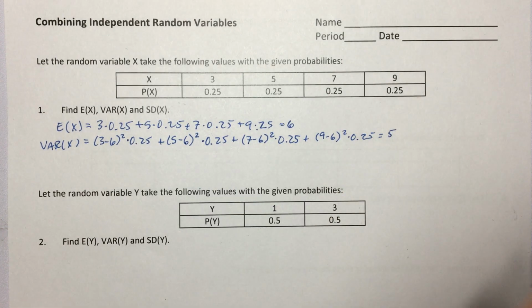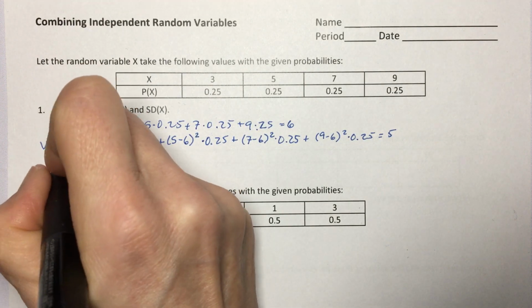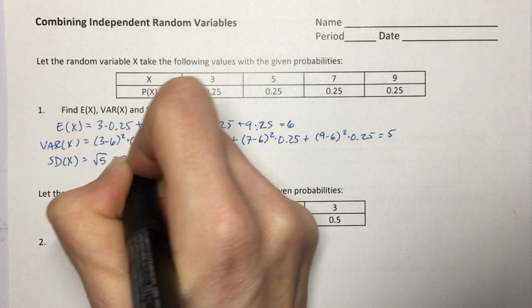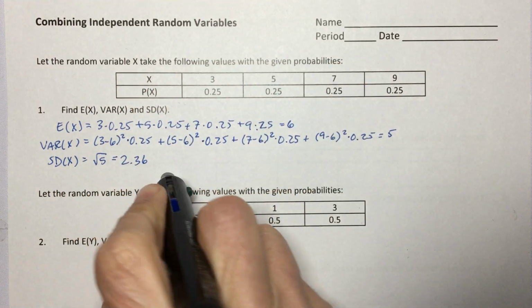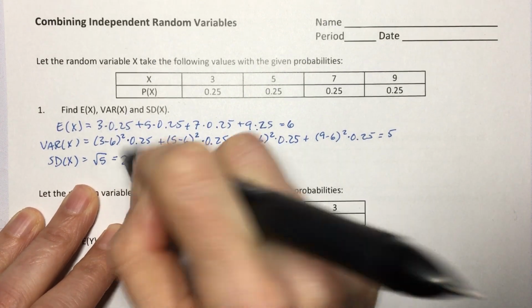I'm sure you'll take my word for it. You can crack out your calculator if you'd like. And then finally, our standard deviation of X is going to be the square root of 5, which is 2.236. It'd help if I could write that. Erasable pens for the win.